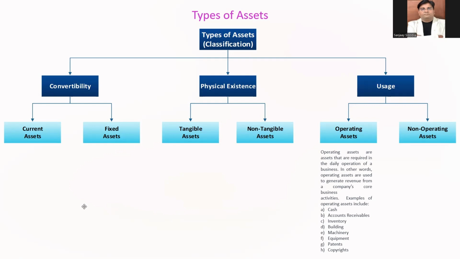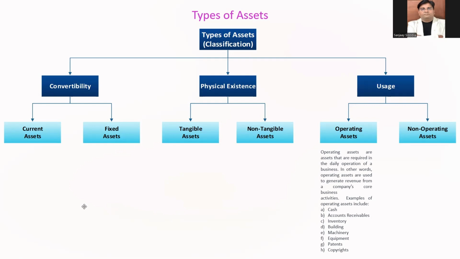In other words, operating assets are used to generate revenue for a company or an entity, its core business activities. Without these operating assets, the entity cannot continue its day-to-day activities.